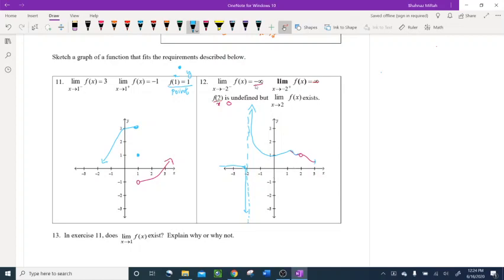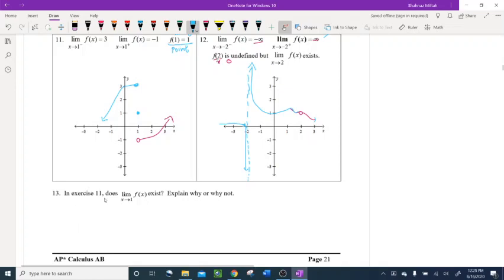There you go. It's not that bad either. When I see infinities, just make sure that you have asymptotes somewhere, whether vertical or horizontal. Okay, so this is what it is.